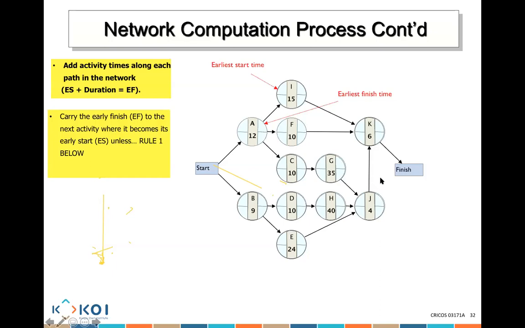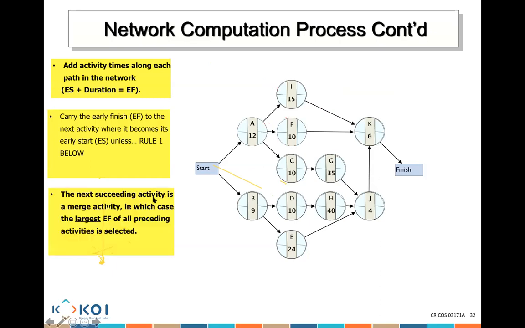Unless rule 1. Rule 1 says, unless the next activity is a merge activity, meaning it's merging. If it's a merge activity, then we use the largest early finish time as the early start for the next activity. So, activity J is a merge activity.